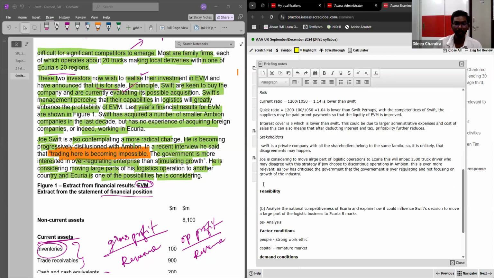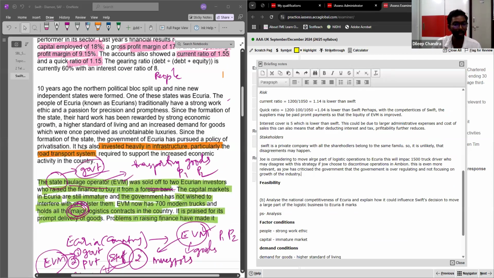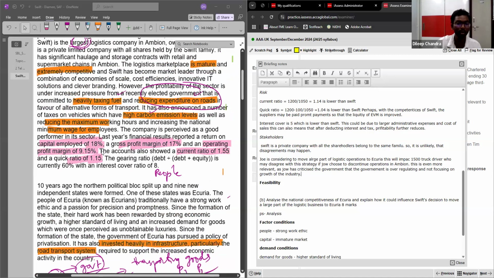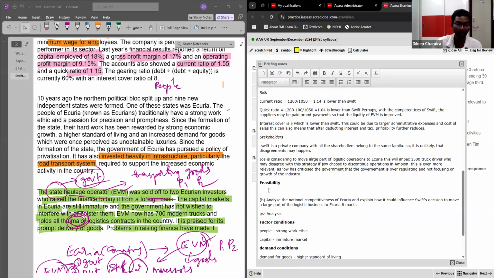And feasibility, apart from the ratios that the examiner had already calculated, they did not give us any information related to how much funds they have, right? So maybe I'm assuming that they have the funds.